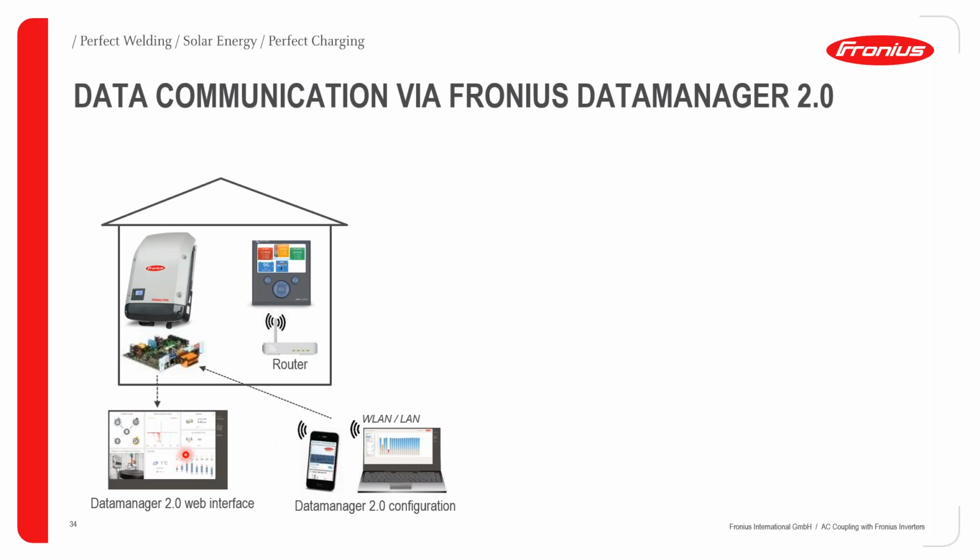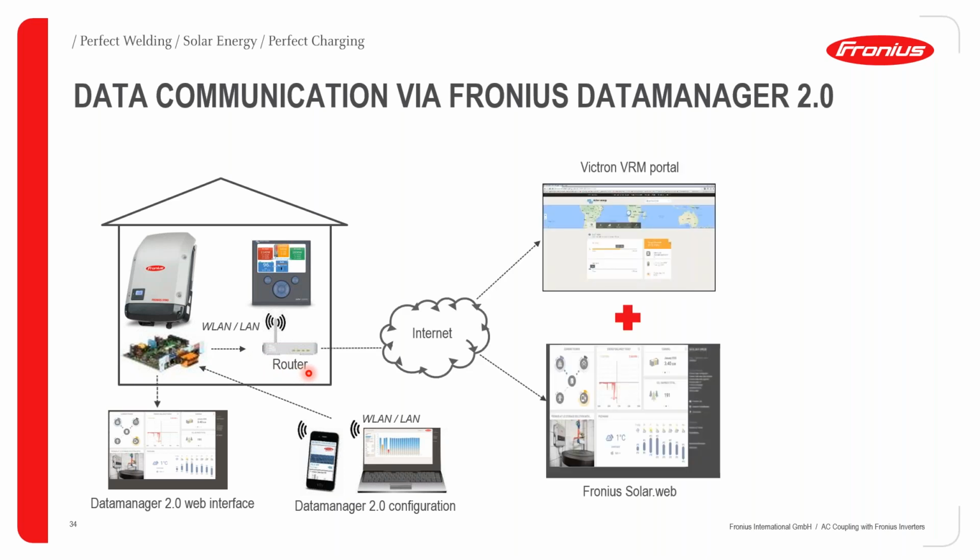Of course, this can be achieved via wireless LAN or hardwired via a LAN connection, and monitoring can be carried out on your smart device, be it a laptop, tablet, or even a smartphone. Good. Then you would need internet access to be able to upload this data.